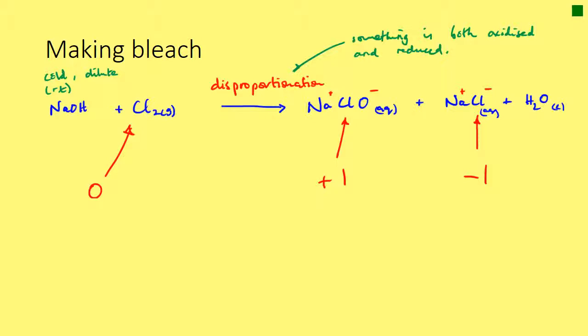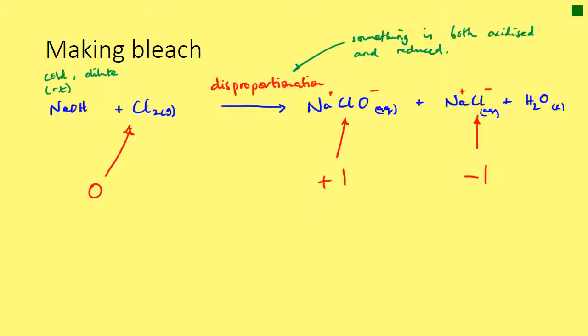And we've got another chlorine over here, in the sodium chloride, and sodium is a 1+ cation, and the chloride is a 1- anion, and so it's clear that the oxidation number of the chloride is -1.